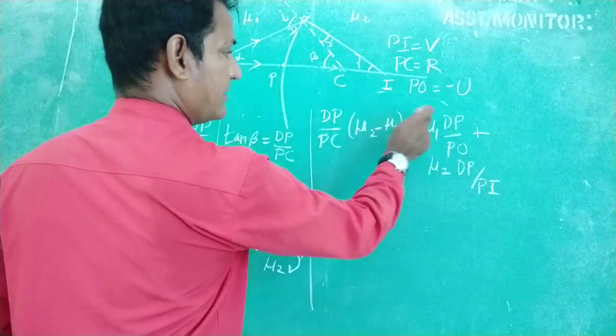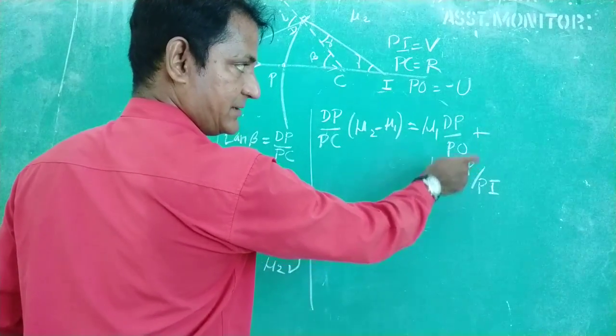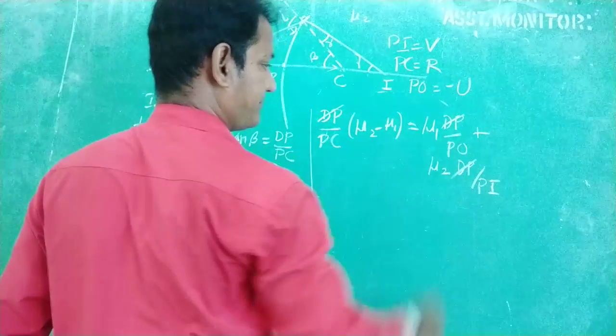So when I take DP on the right hand side commonly outside, this DP and this DP will cancel.